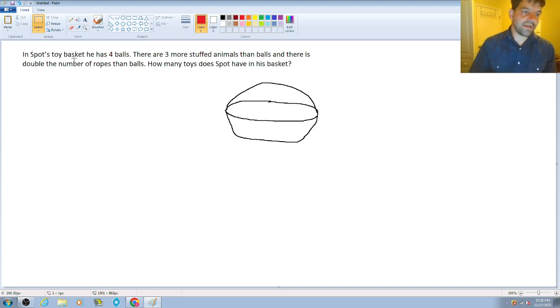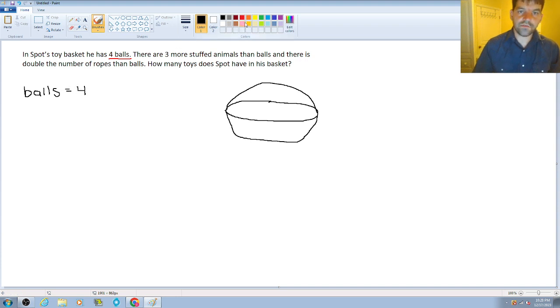So it says, in Spot's toy basket, he has 4 balls. So right there, I'm given a numerical amount of some object, so that's going to be pretty prevalent. So I'm going to say that balls equals 4.